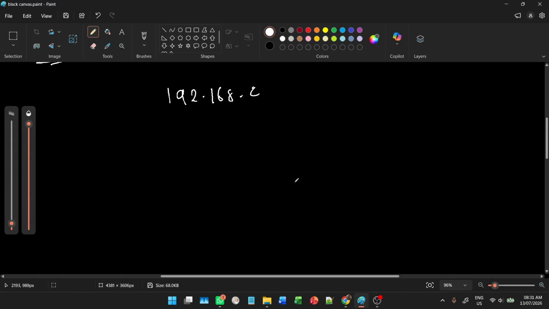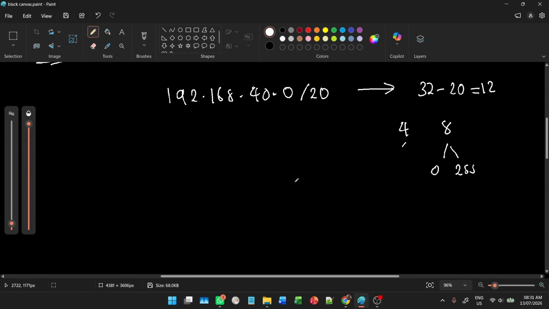192.168 again 40.0/20. Okay, so /20, like I said, 32 minus 20 is going to give us 12. 12 is 8 and 4. 8 is going to give us 0 to 255. 0 to 15 is 4, right?